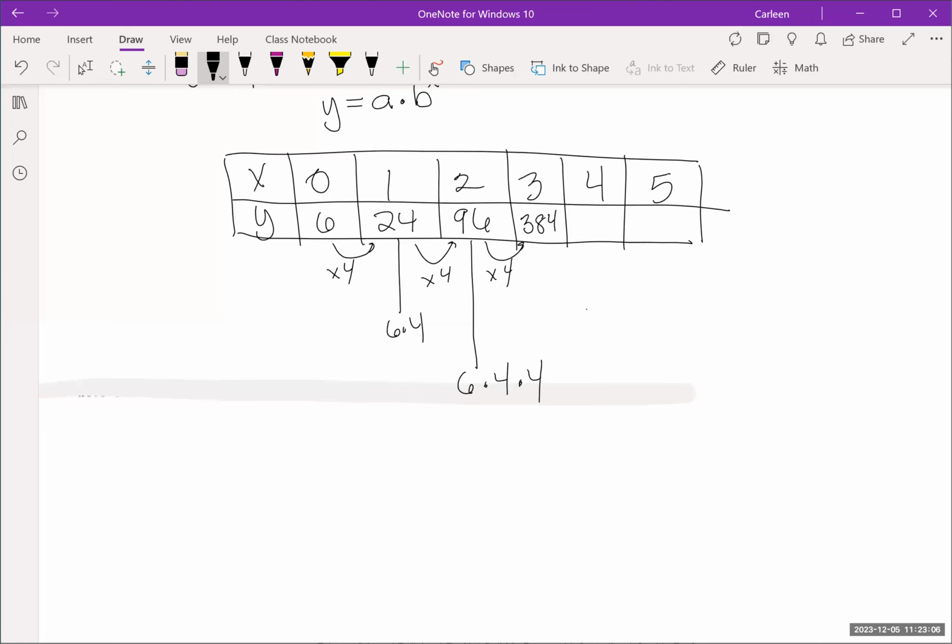Yeah? Is it true that I took 6 times 4 times 4 and multiplied by 4 again? So this is 6 times 4 to the first, 6 times 4 squared, 6 times 4 cubed.